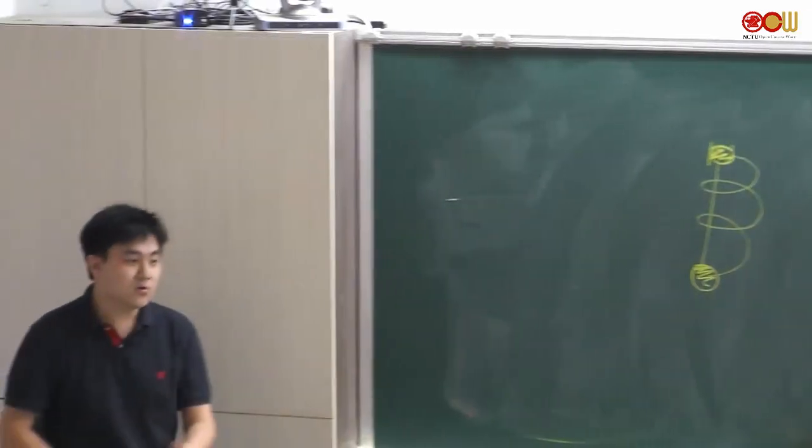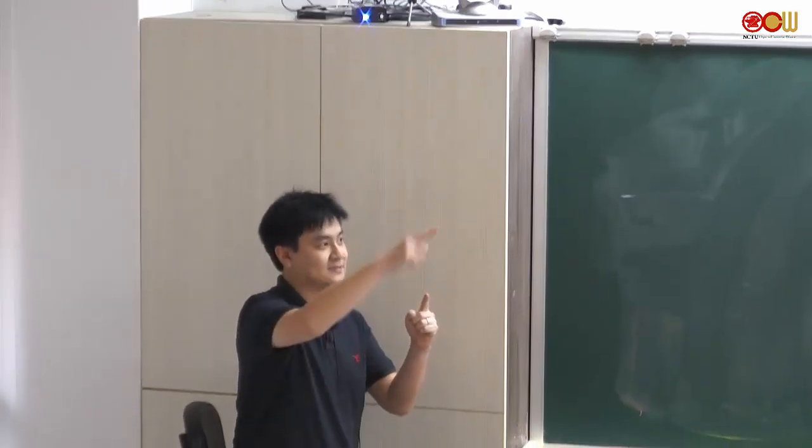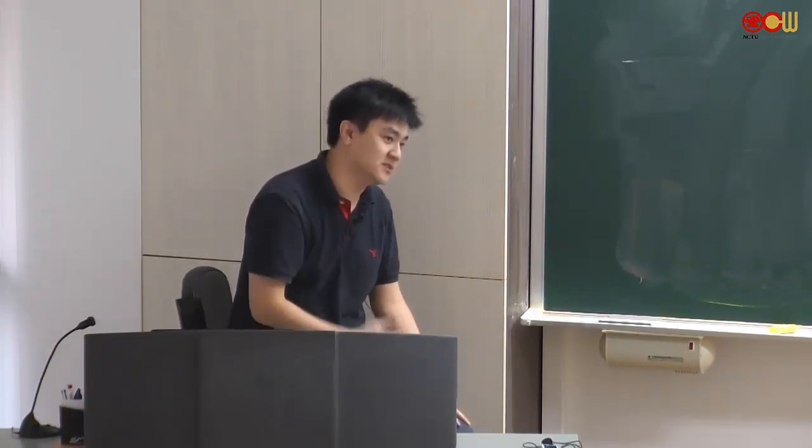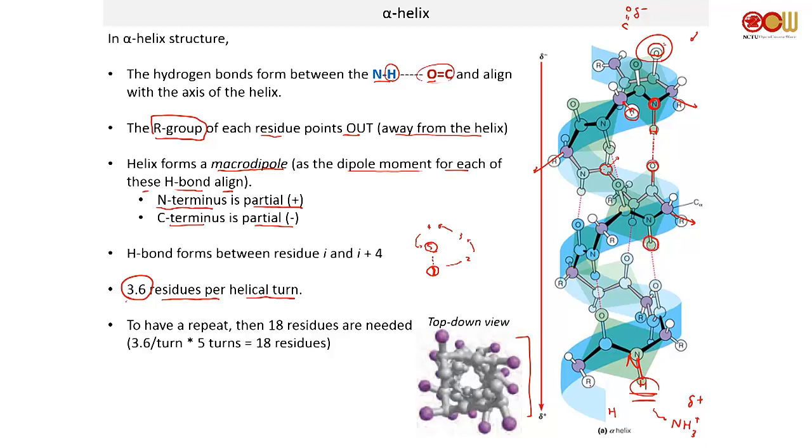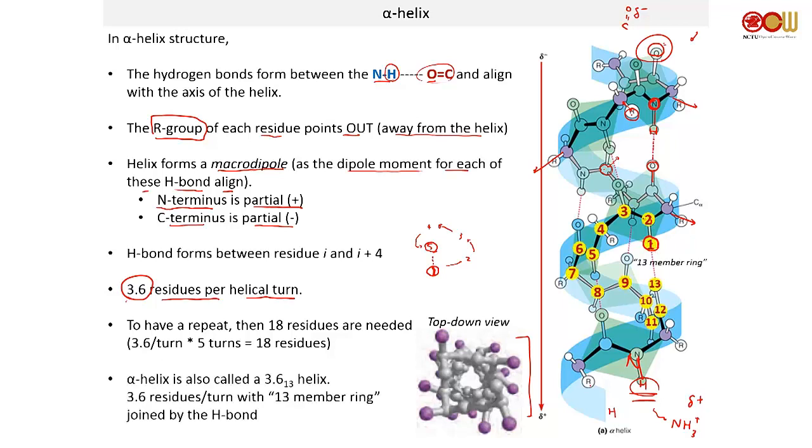You have 18 residues for the 18th residue to be at the same location as the initial one. So in order to get to the same location, you have to have 5 turns, essentially. Sometimes alpha helix can also be referred to as a 3.6 13 helix. What this represents is that it has 3.6 residues per turn with a 13-member ring joined by the hydrogen bond. So if you look at this, we start with this one as 1, and then we have 2, 3, 4, 5, 6, 7, 8, 9, 10, coming out 11, going to here 12, 13.